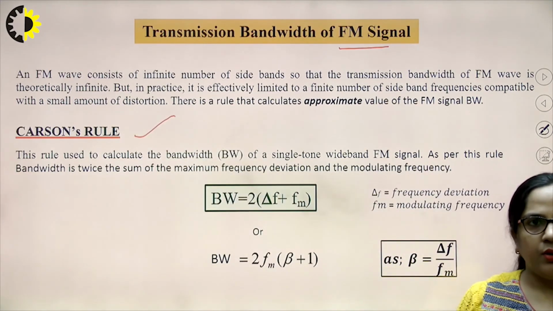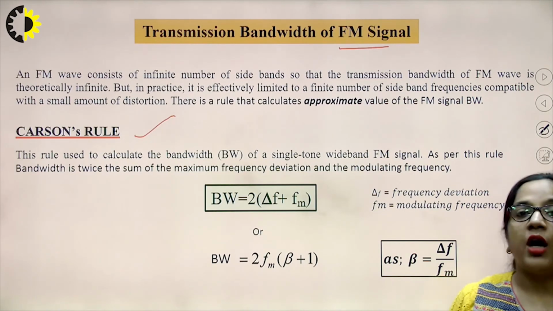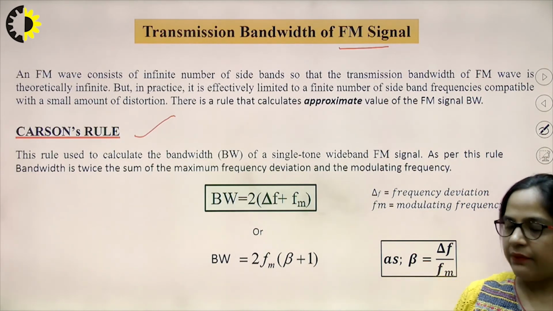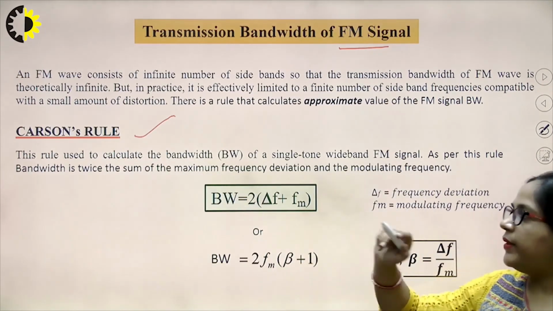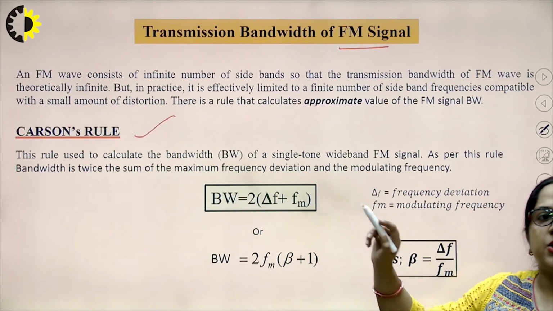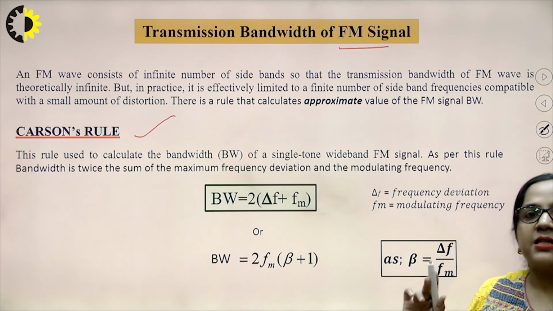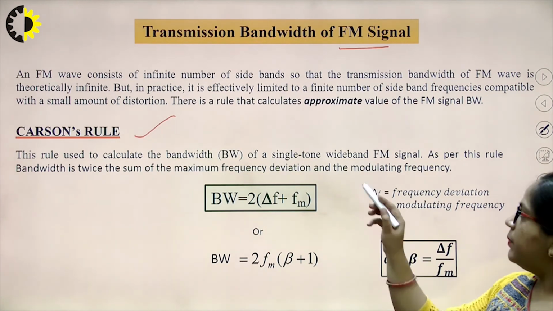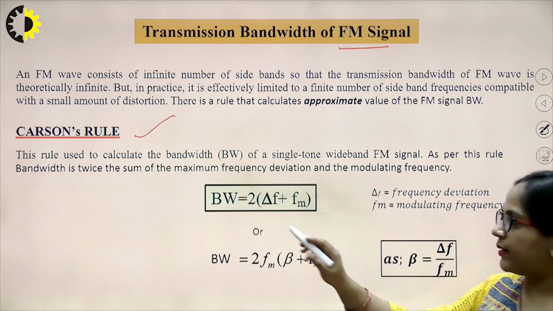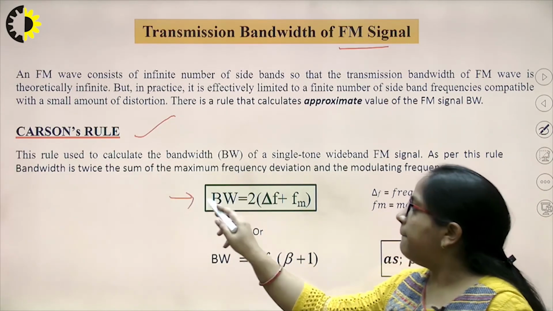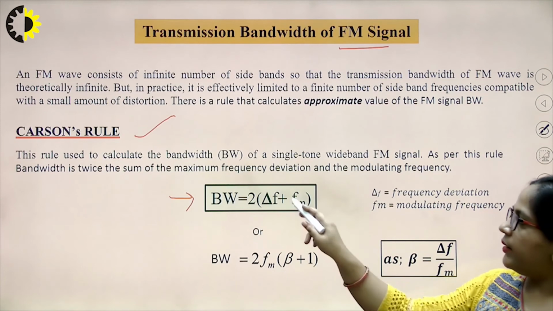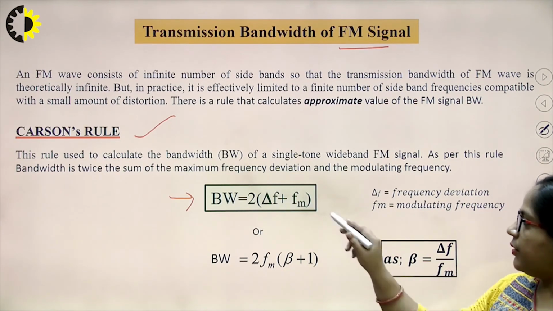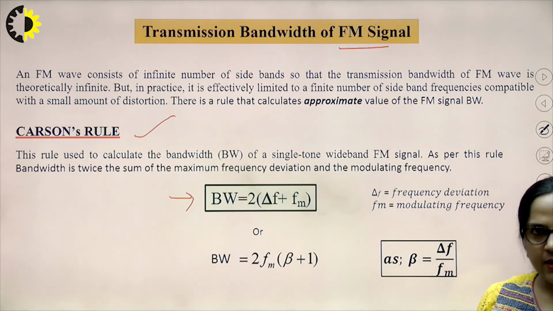Carson's rule states that the bandwidth of FM signal is twice the sum of maximum frequency deviation and the modulating frequency. That is, bandwidth is equal to 2 times delta f plus fm, where delta f is the frequency deviation and fm is the frequency of modulating signal.